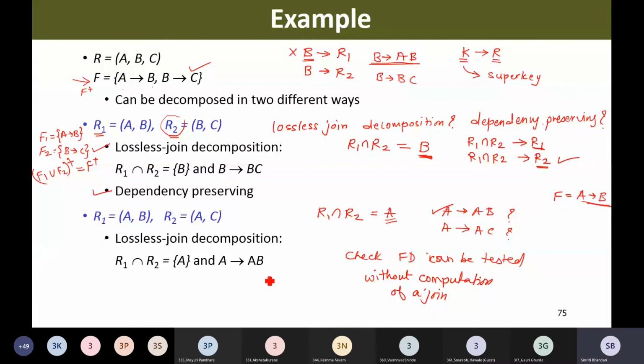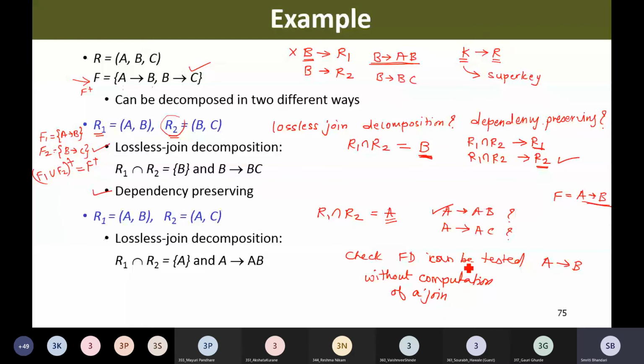So if I want to test for A to B, do I need to compute a join of R1 and R2 to test for A to B? No, right. So A to B can be tested without computation of a join.